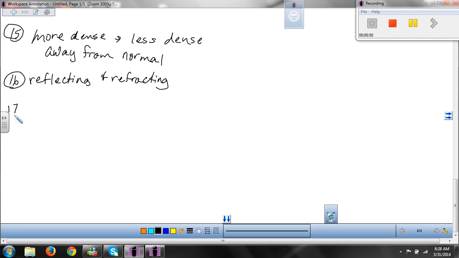Okay, number 17. Number 17 says, suppose you hold a converging lens in front of a window. Okay, so here's my converging lens, here's my window.